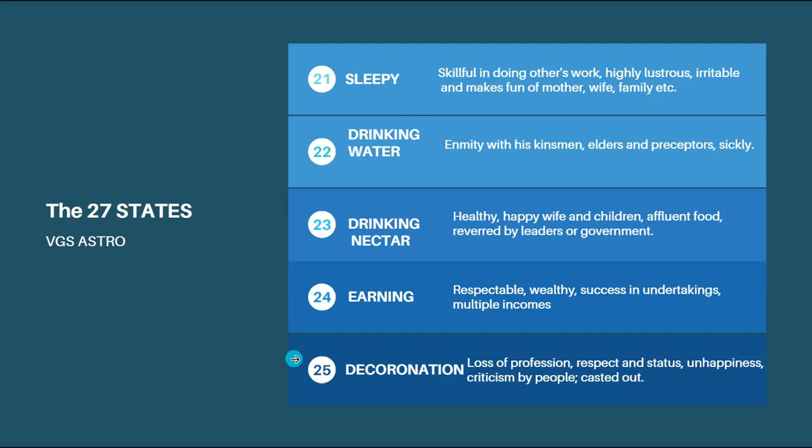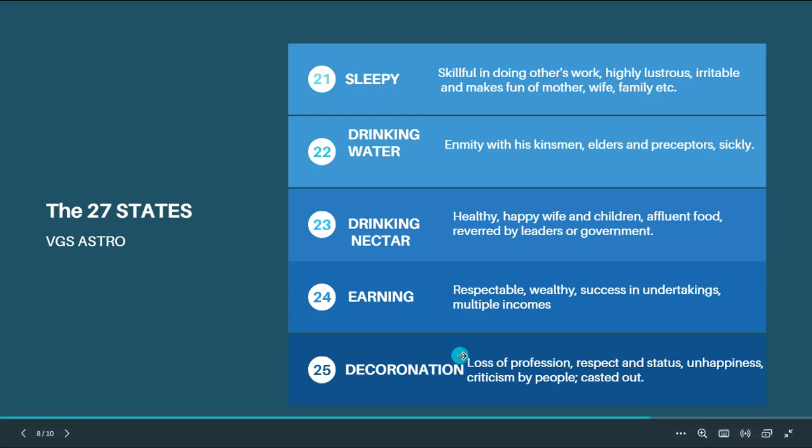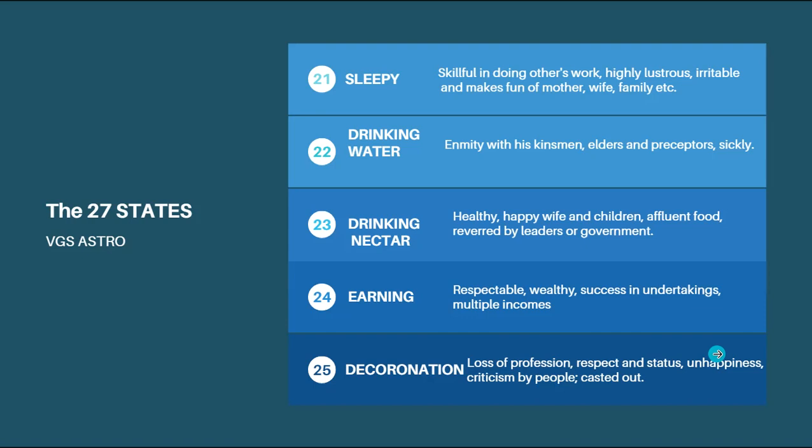And I saw this in the chart of a very senior bureaucrat who had already retired from service, and at the very beginning of the dasha, he retired from service.